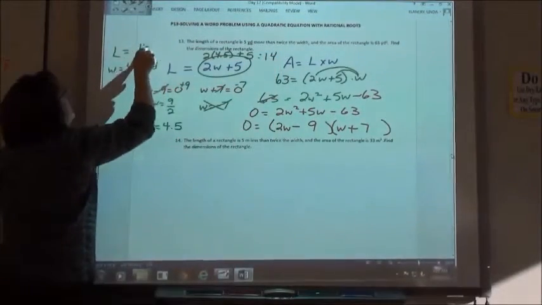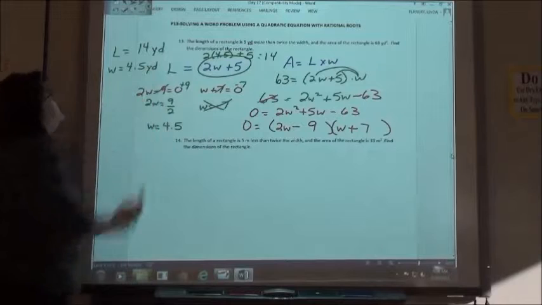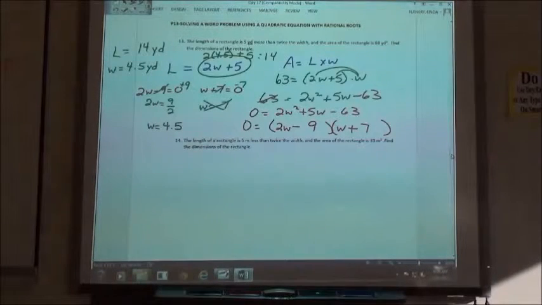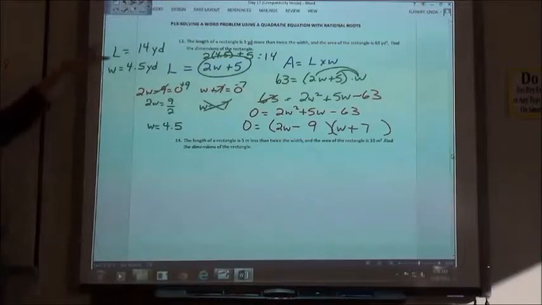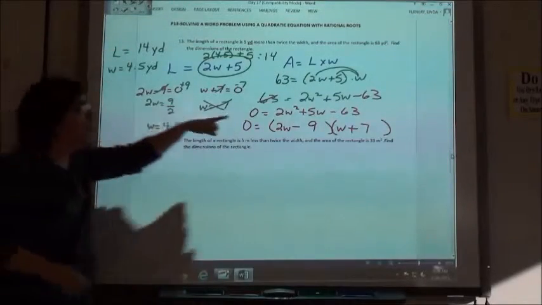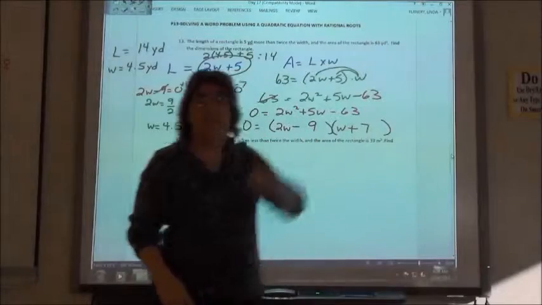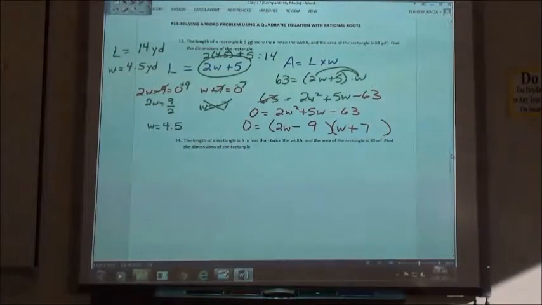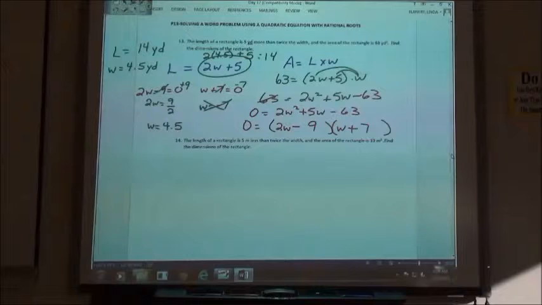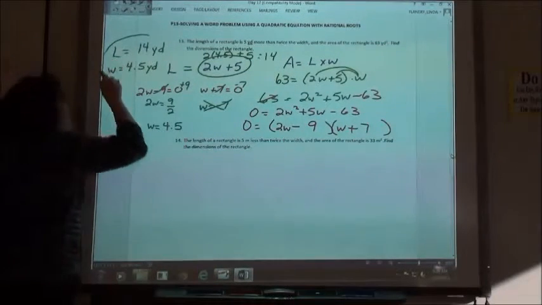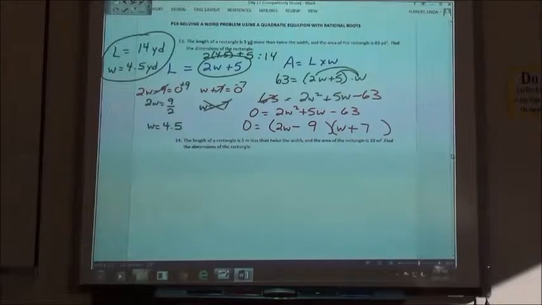So our length is 14 yards. Now if we really wanted to double check that the answer looks right, we take the length times the width, and we should get the area of 63. If you take 14 times 4.5 on your calculator, do you get 63? Sure enough, it's 63. So that tells us we probably did the problem right. Those are going to be our answers.